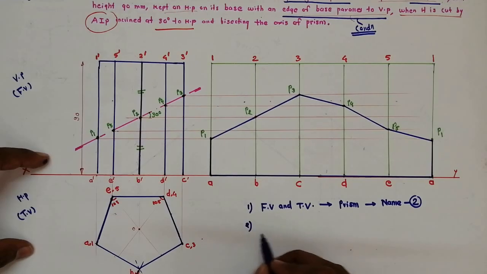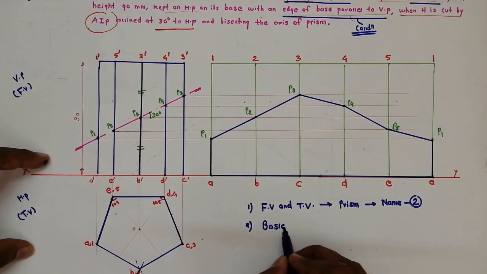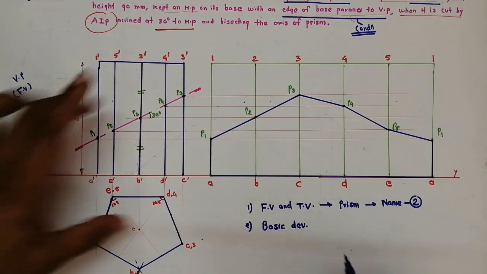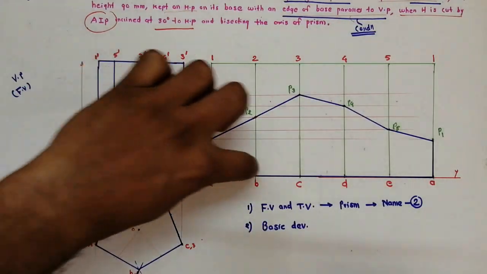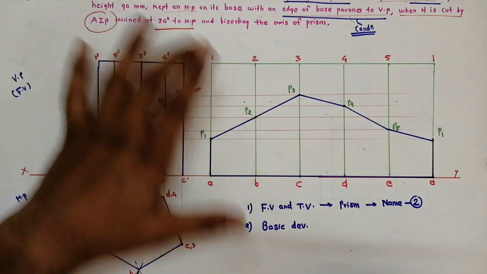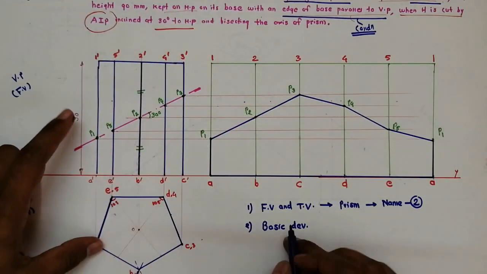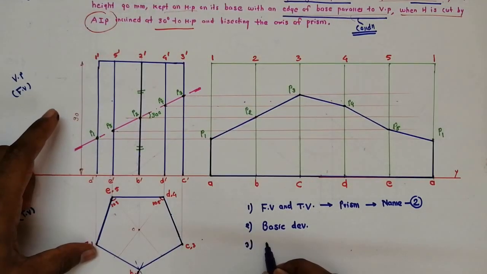Second step is the basic development. Since this is a pentagon, we have taken the side distance in the compass and marked here 5 rectangles. Why 5? Because it is a pentagon. After the basic development, the third step is the cutting plane.